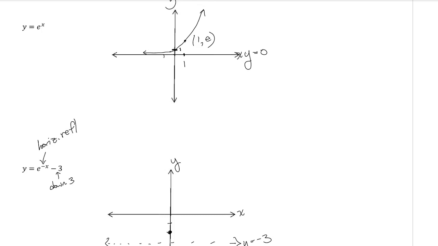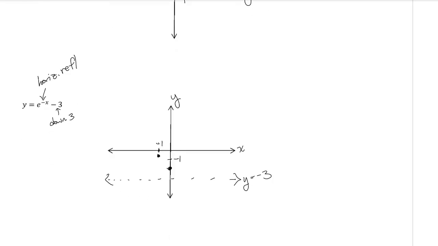This point here is going to be not at e, but e minus 3, which will take me down here below my x-axis, and it's going to be on the other side. Okay, now because e is a set value, I can figure out what that will be. Or I can just identify it as e minus 3.